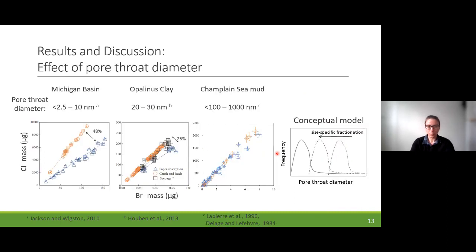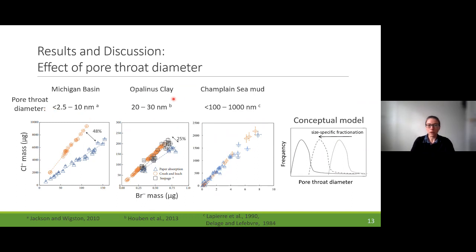So if we go back to our chloride-bromide mass ratios, this is what we see. We see a size-specific anion exclusion, with our paper absorption method extracting higher amounts of bromide to chloride than the crush and leach method. The Michigan Basin shales are more susceptible to this size-specific anion exclusion because of these small pore throat diameters within these rocks.